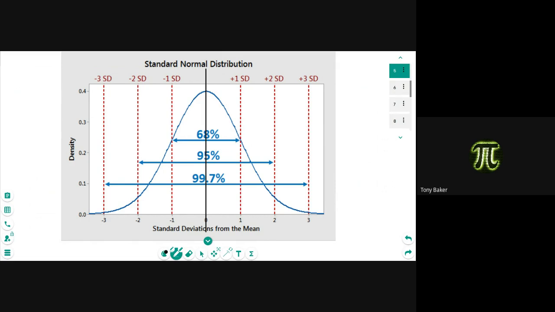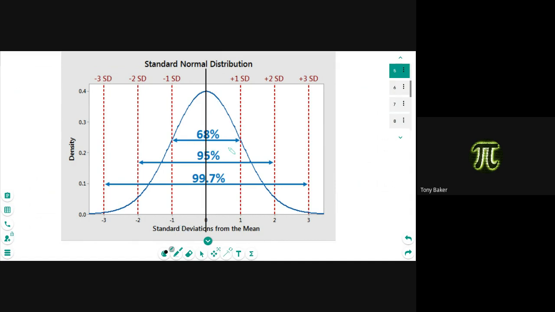When we originally looked at this way back, I think it was in chapter 3, we did the empirical rule. Remember, we had 68% for one standard deviation, 95% for two standard deviations, and 99.7% for three standard deviations. That's actually what we're going to start looking at today.